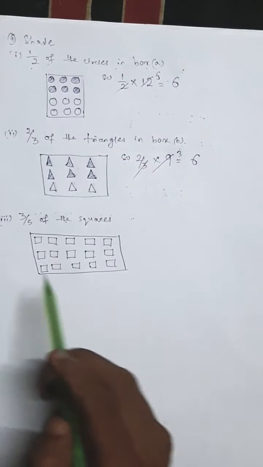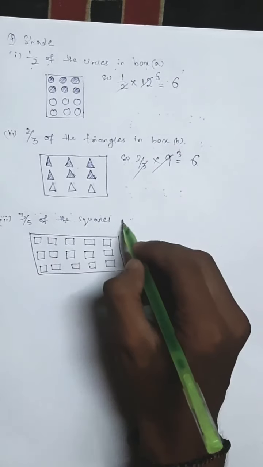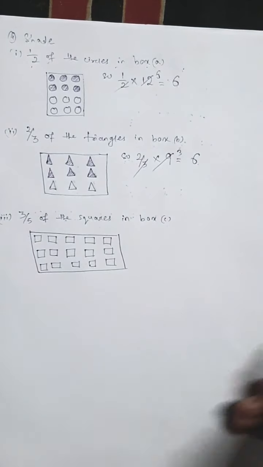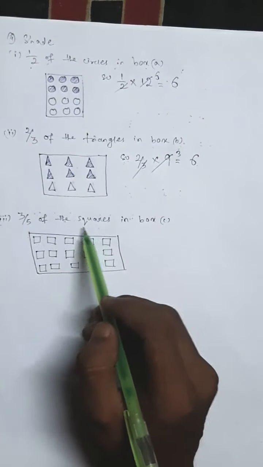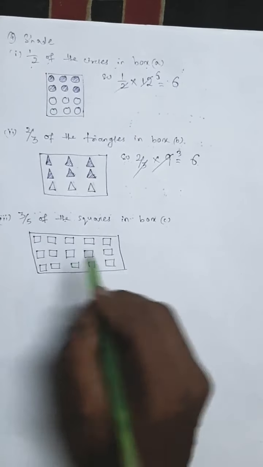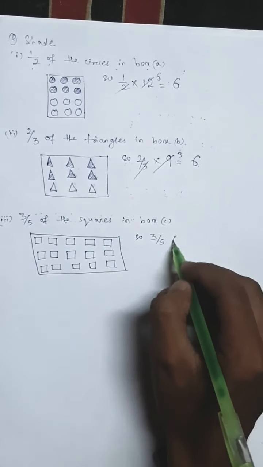Okay. Then your last one, 3 upon 5 of the squares in box C. Here we have to find how many squares are there. There are 15 squares. So 3 upon 5 of means into.